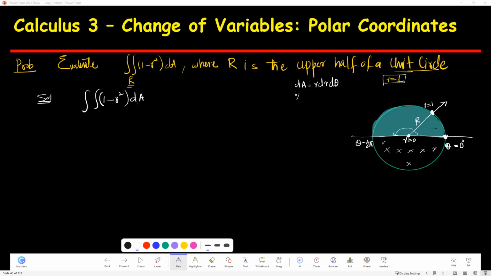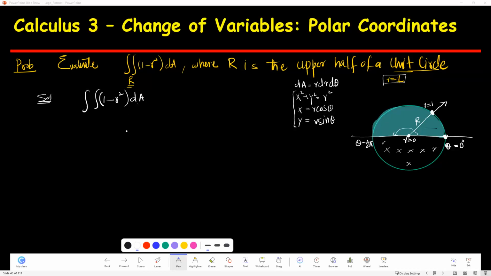We also know one expression, that x squared plus y squared equals r squared, and we also know that x and y can be converted by using these expressions. So these are the expressions I wrote. Make sure you write those expressions in every problem, because you may need them.